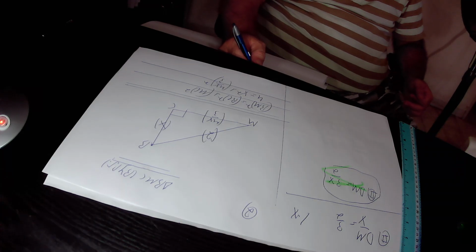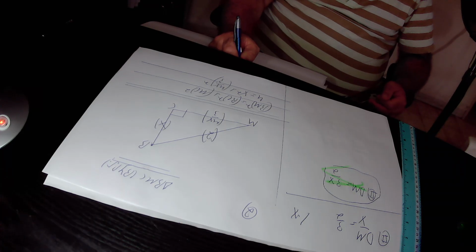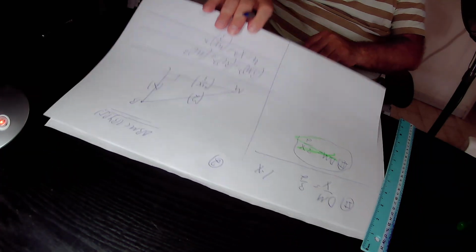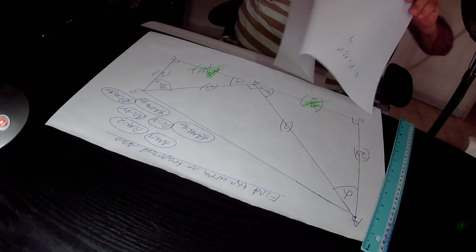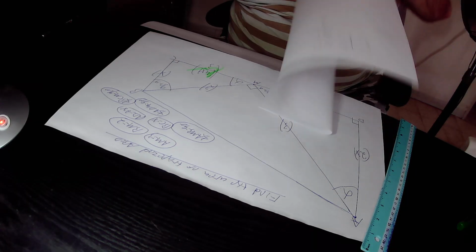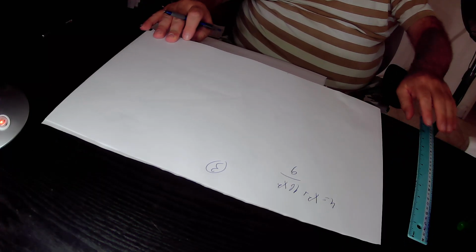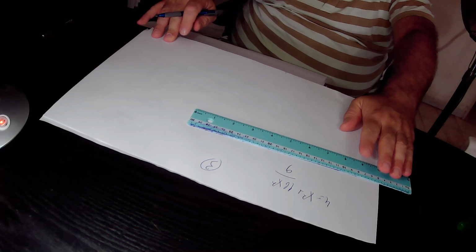4x over 3 squared is 4 squared, that is 16, times x squared over 3 squared, that is 9. So in total, 4 equals x squared plus 16x squared over 9.